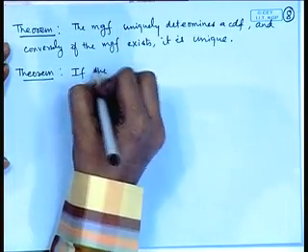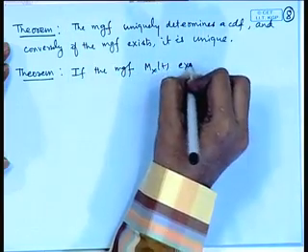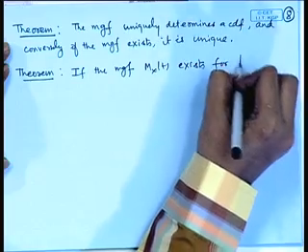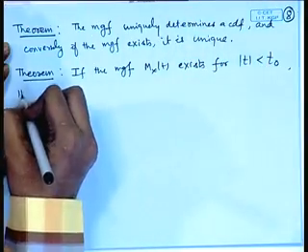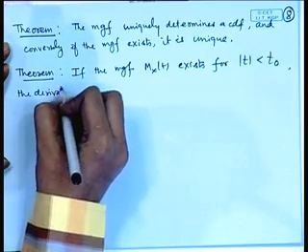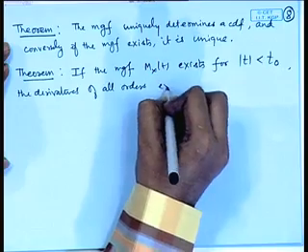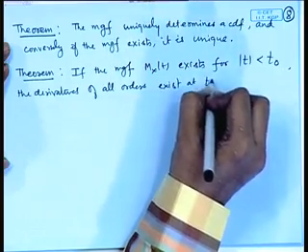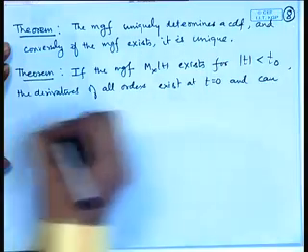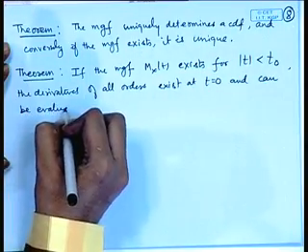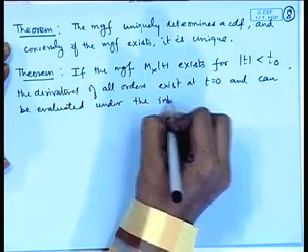If the moment generating function M_X(t) exists for modulus t less than t naught, that means in a neighborhood of 0, the derivatives of all orders exist at t equal to 0 and can be evaluated under the integral sign.